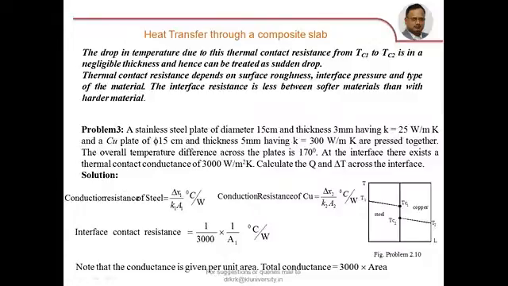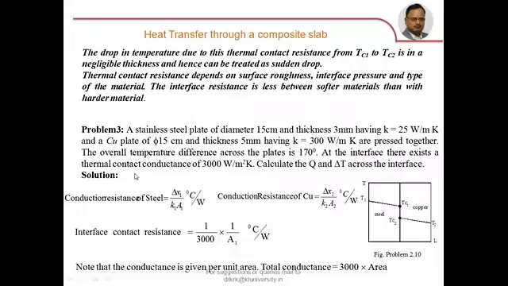One-dimensional conduction, of course, without internal heat generation through a slab under steady state. These are all the assumptions we are taking. Thermal conductivity is constant, it's not a function of temperature. All those things are not presented here, but those are all the assumptions while taking the solution of this problem.